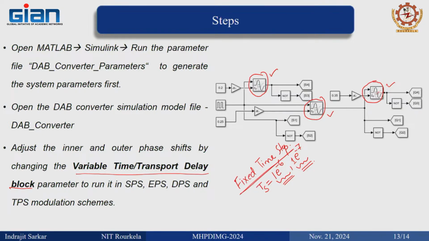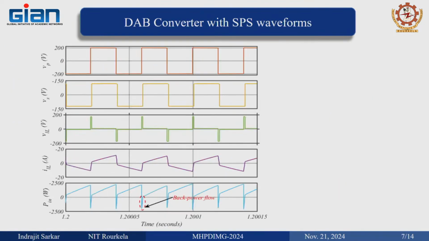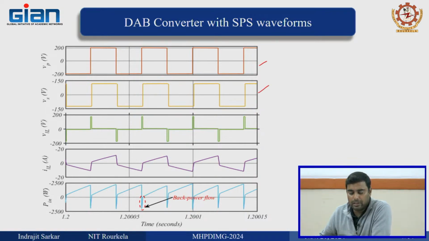Okay. Now, for your reference, we have kept the waveforms: how the SPS waveform will look, how the EPS waveform will look. Here in SPS both are square waves. Since both are square waves, you make the delays alpha 1 and alpha 3 equal to 0, then run it and you will get the result.